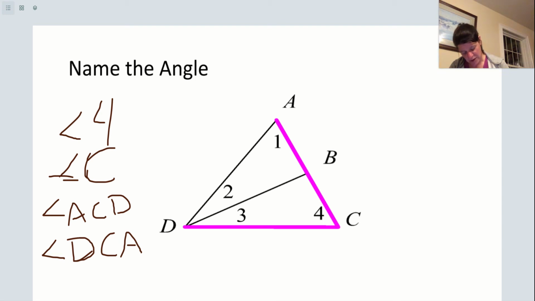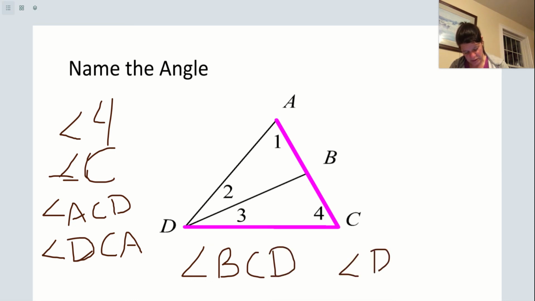I could also say angle BCD or angle DCB. So notice there are many ways to name that angle. I have my number way, which is angle 4. I have the one letter vertex angle C, because at vertex C, there's only one angle. And then my other 4 names are really 3 letters, and notice with each one, the vertex is in the middle. That's really important. C is always in the middle for this angle.